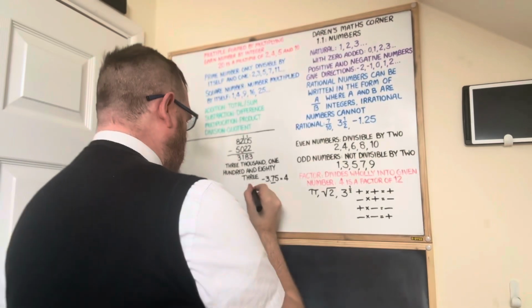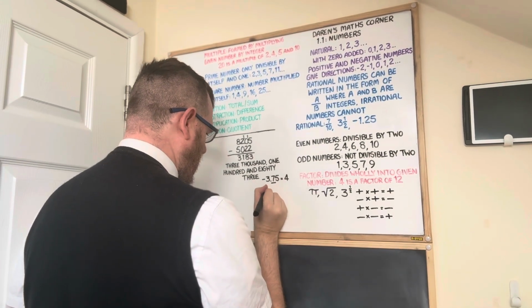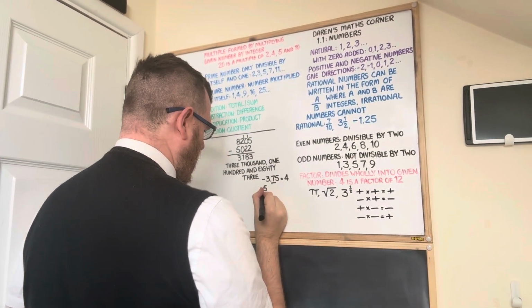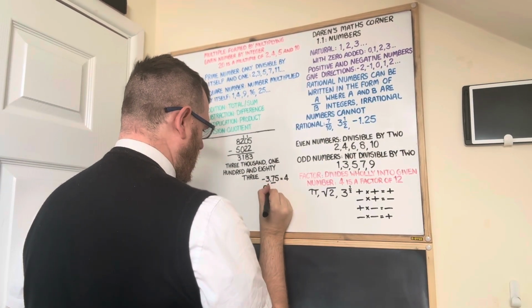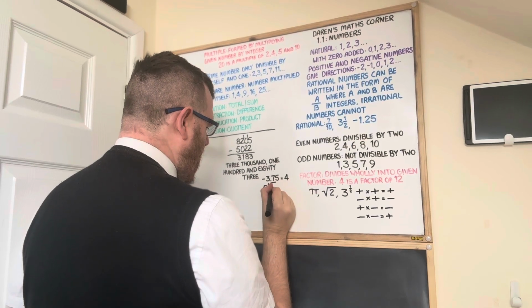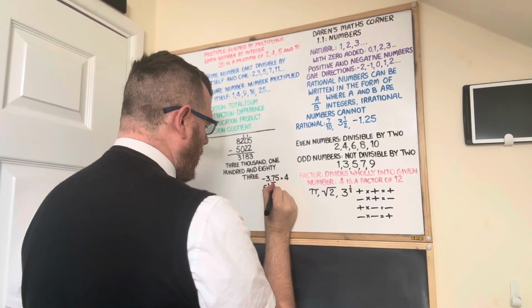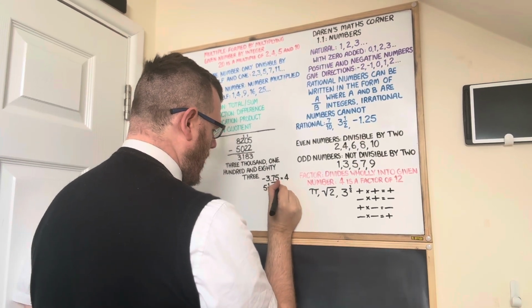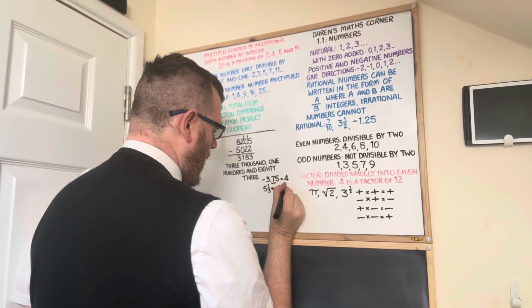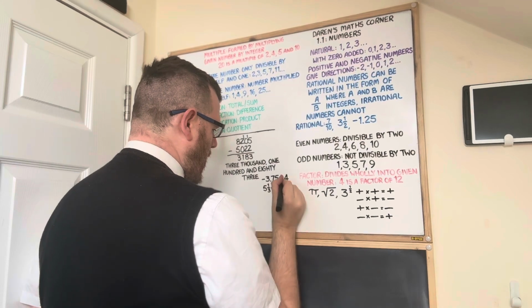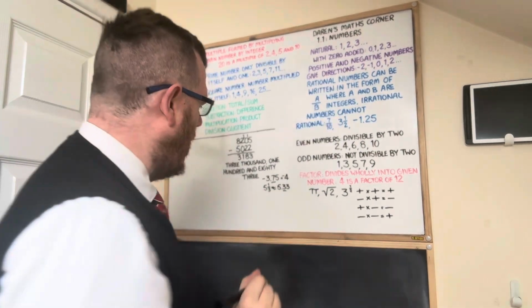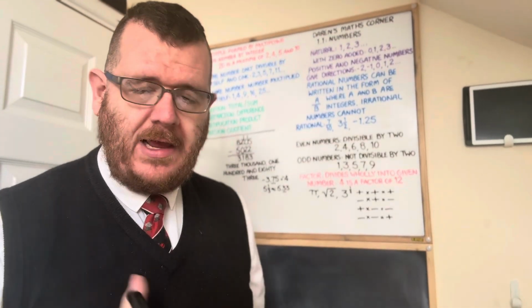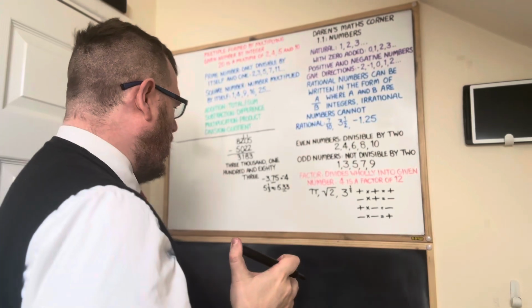5 1/3. Well, that equals about 5.33. Let's put a -4 there. You can put the minus in any place you want to.